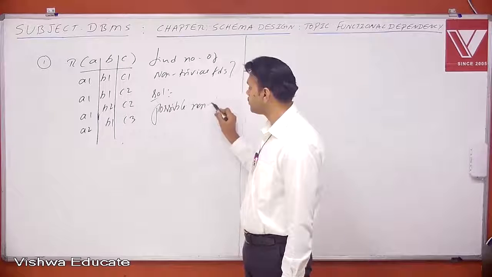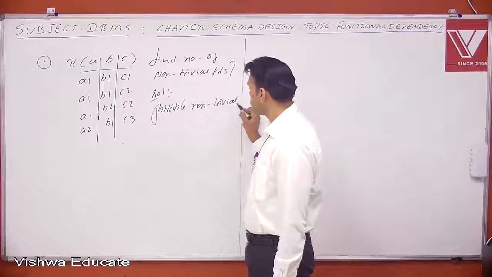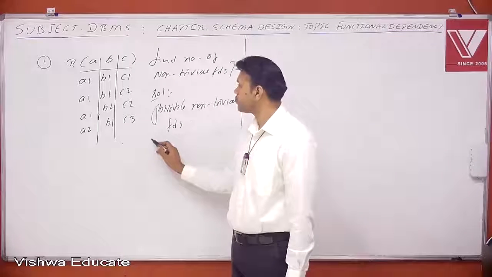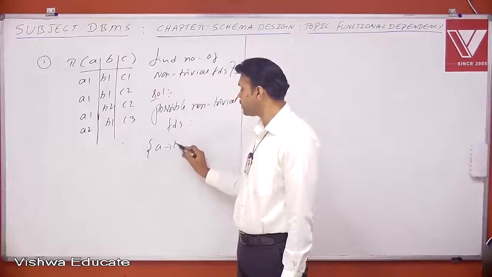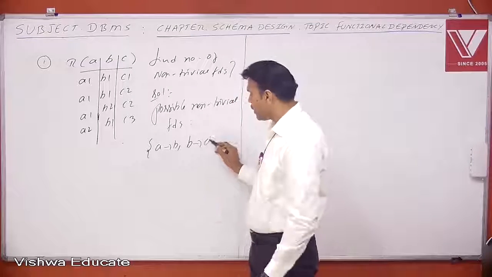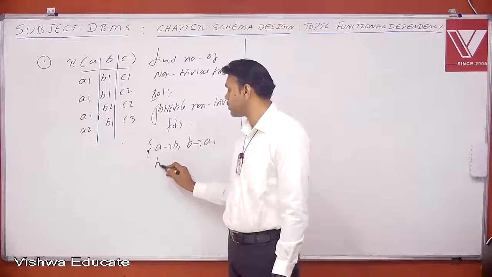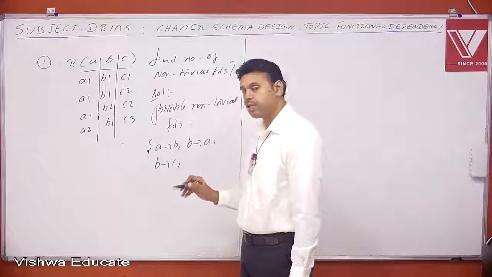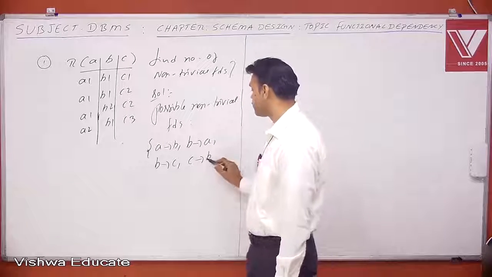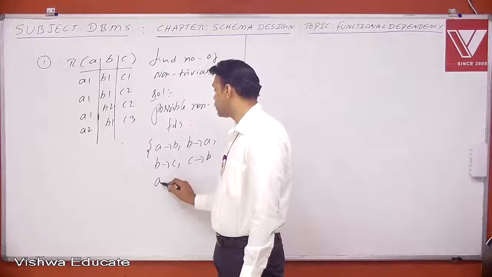Now you tell me, what are the possible non-trivial FDs? A to B I can write and B to A, B to C and C to B, and what else?